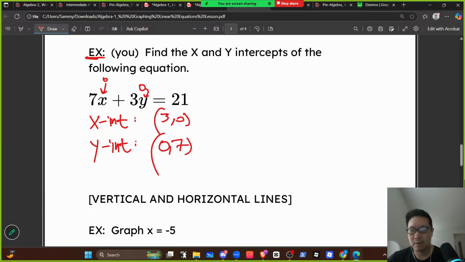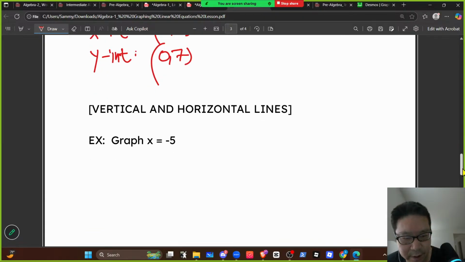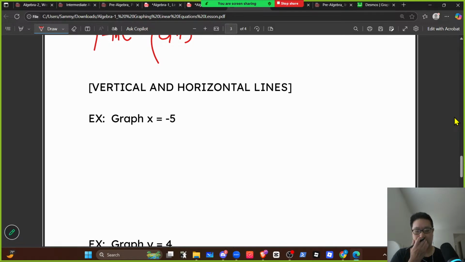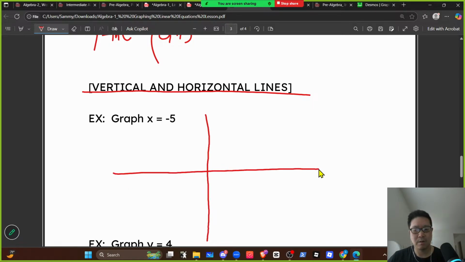All right, the final thing we need to understand are the concepts of vertical and horizontal lines. Okay, so if you were asked to graph x equals -5, it would look like basically a vertical line. So here's -5. 1, 2, 3, 4, 5.